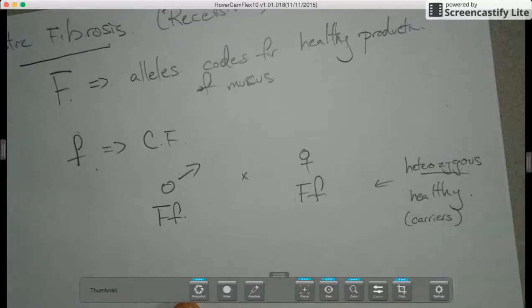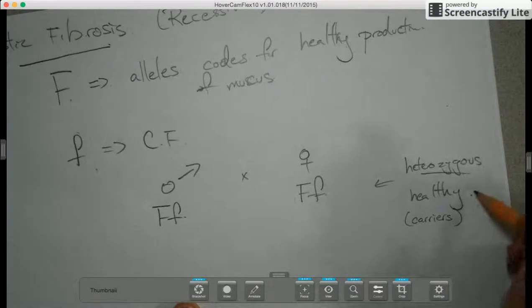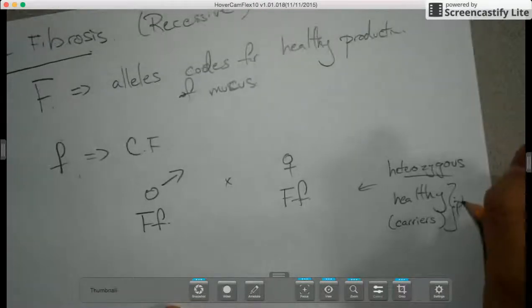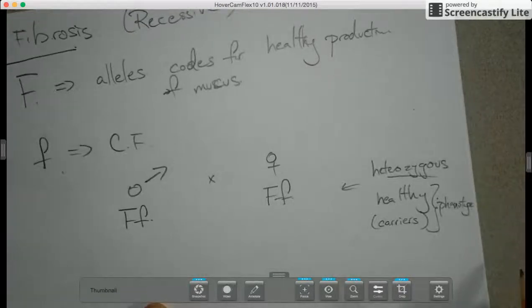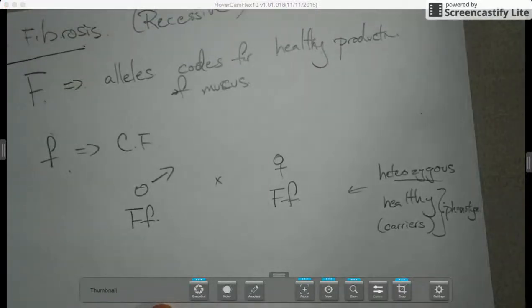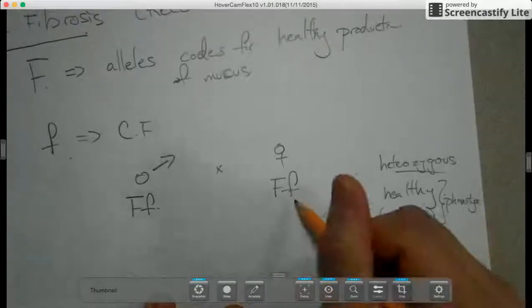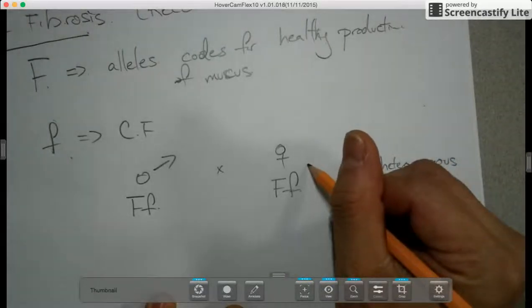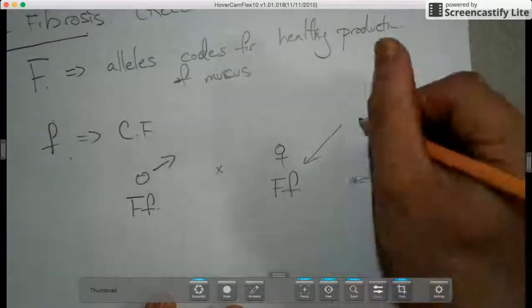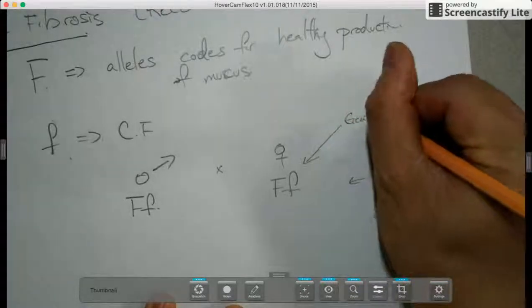They carry the disease, even though they're healthy themselves. In this case, their phenotype is what you can see on the outside. But in terms of genetics, which two letters they have, that's the genotype. They carry the allele.